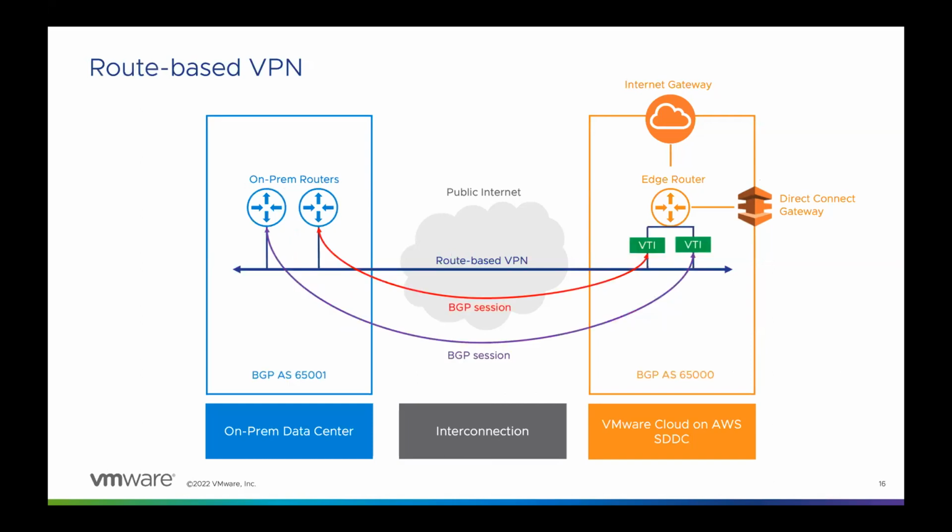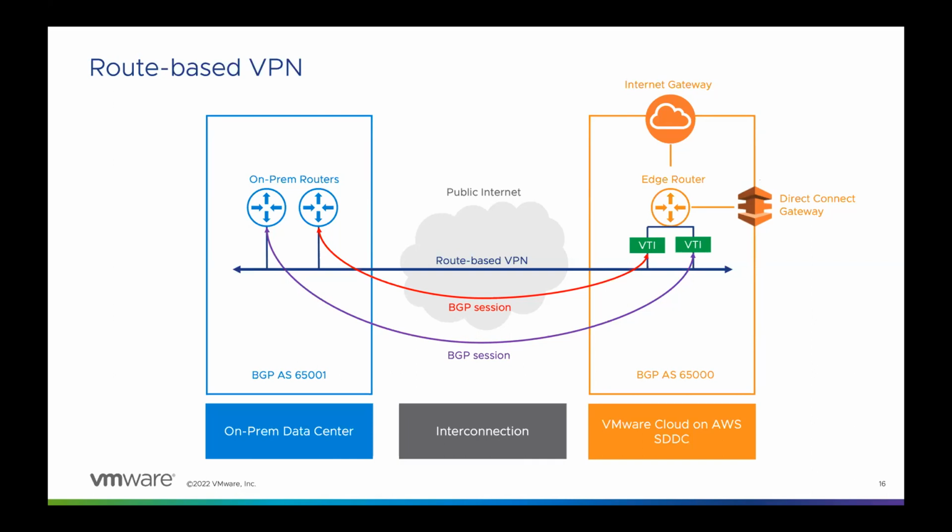So route-based VPN, which I would say when customers choose VPN, this is the route they go 90% of the time. It can be over the internet or over AWS Direct Connect. The route-based VPN has a VTI, or virtual tunnel interface, which you can see in green, and that's going to be created on the edge router. What that VTI will do is establish a BGP session, and routes will be learned over those BGP sessions.